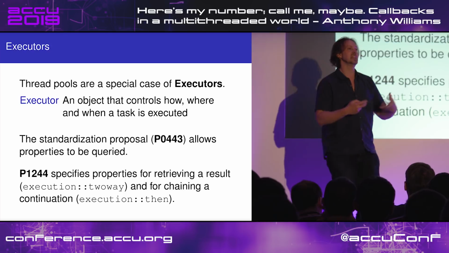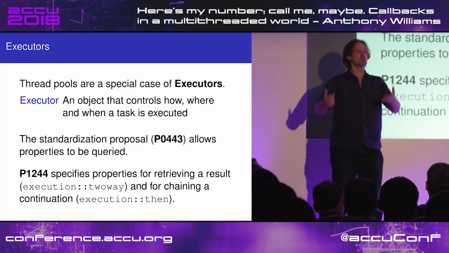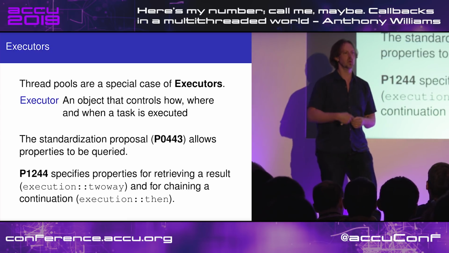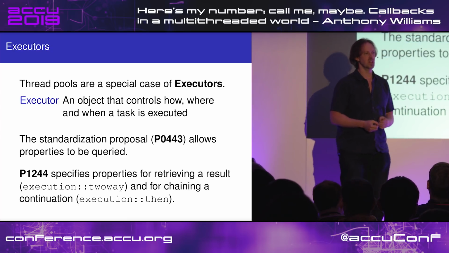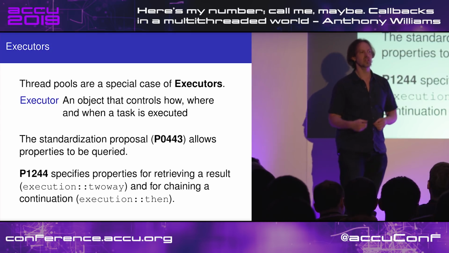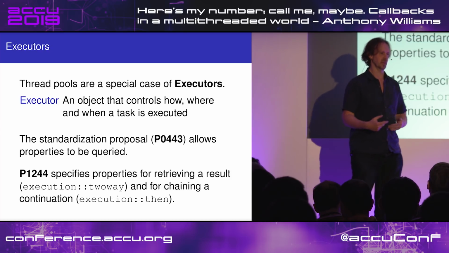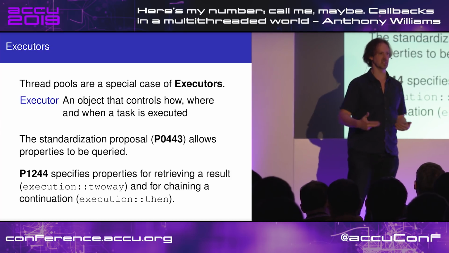And the idea is that it's an extensible mechanism. You can imagine a new property, and then you can query your executors to see whether they support it. Of course, none of the standard ones will, but any that you write might well do, and potentially libraries will supply executors with a set of properties that they support.